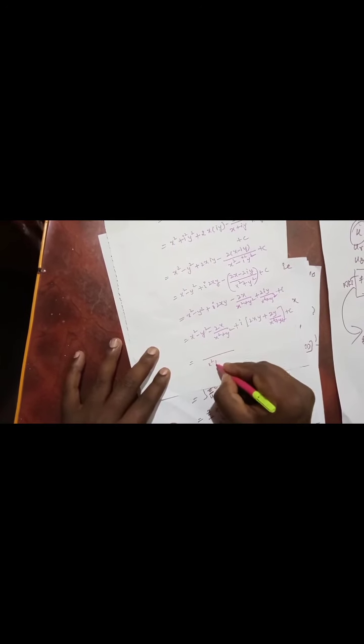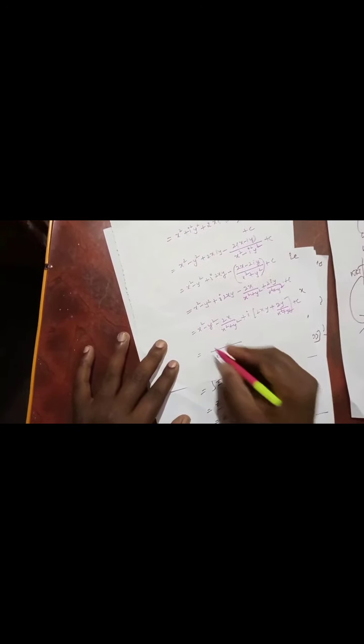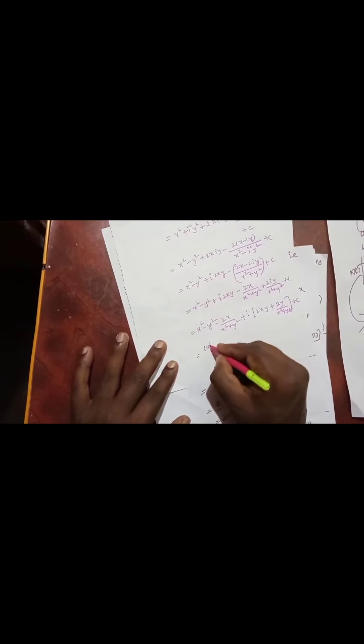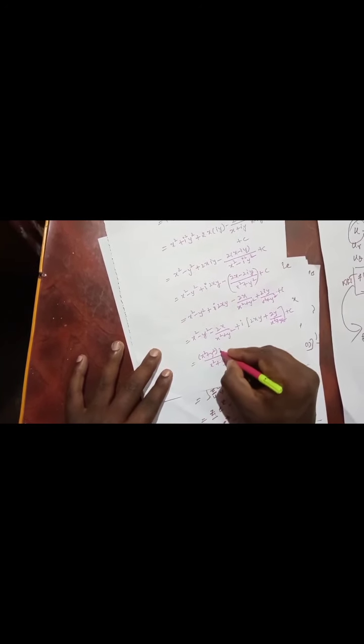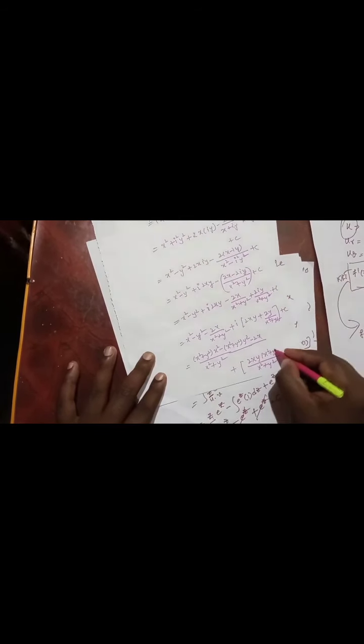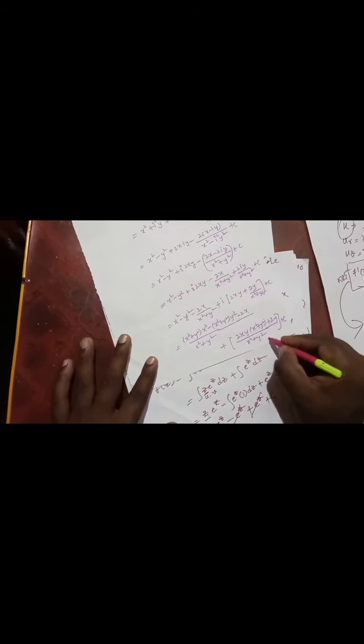If we take the LCM x square plus y square, the real part is (x square plus y square) into (x square minus y square) minus 2x, and for the imaginary part, 2xy into (x square plus y square) plus 2y, plus c. Here this is our v, the imaginary part.